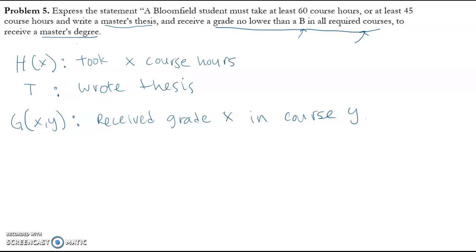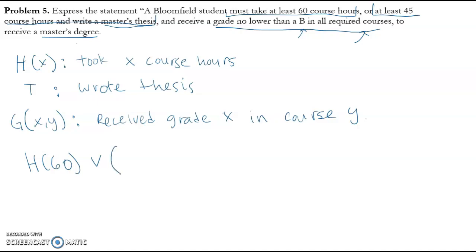Alright, so after I've defined all of this, let's write the statement. Okay, so a Bloomfield student must take at least 60 course hours, so that's going to be H of 60, or at least 45 and master's thesis. So we know that this is one statement: must take 60 course hours, or at least 45 course hours and write a thesis.